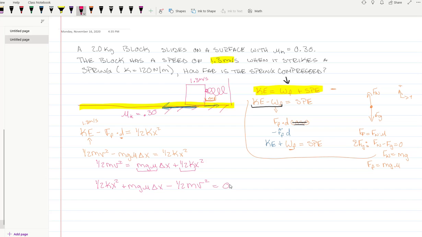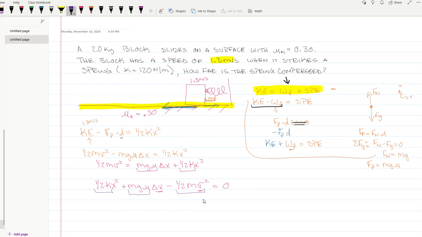So what do I have to do here? Well, this is A, this is B, this is C. The quadratic equation, my brain just totally stopped on me. So 1/2 k is going to give me my A coefficient, my mg mu will give me my B coefficient, and my 1/2 mv squared, that's my C.